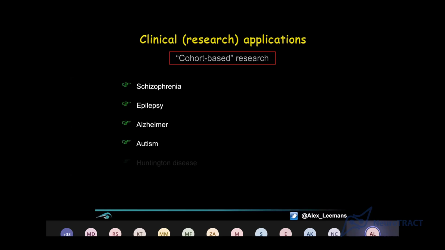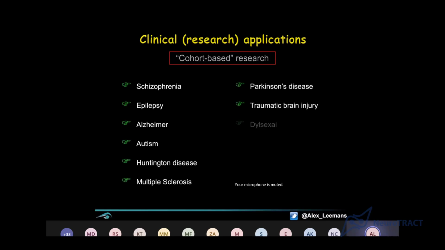But from a cohort-based type of research, any pathology that you could think of has been investigated with diffusion MRI, all the way from epilepsy and Alzheimer's to dyslexia.